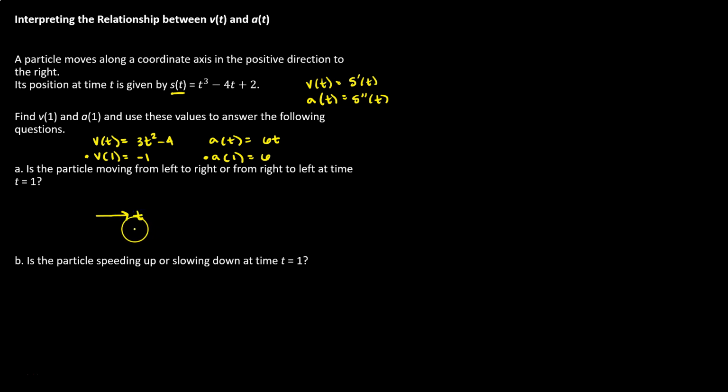If our velocity is negative, then it would be going backwards. In other words, anytime v of t is less than 0, we know the particle should be moving from right to left instead of left to right.